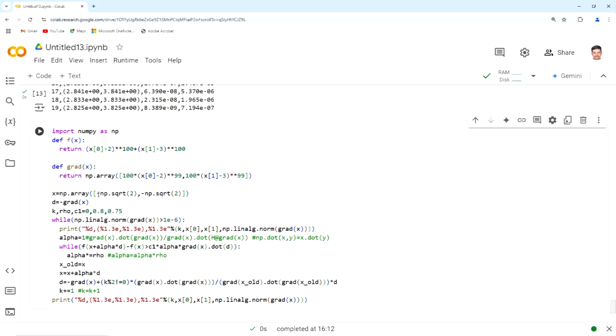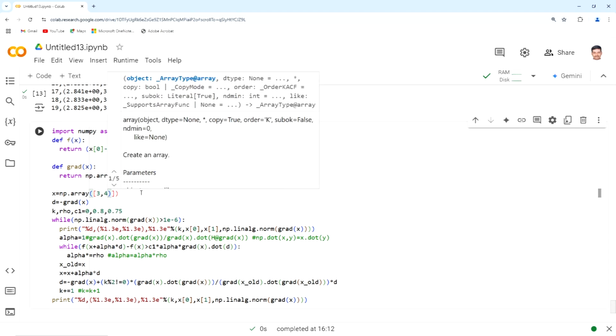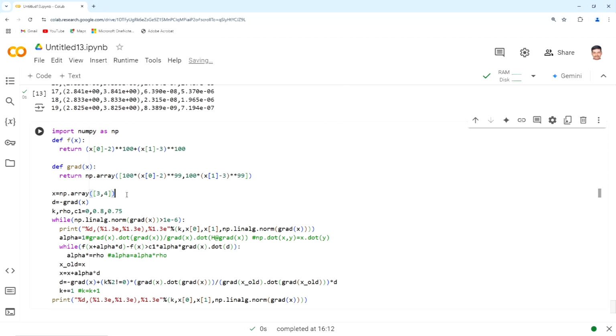Yeah, and I will also change this to 3, 4. Okay. I think something happened. Yeah, sorry. Yeah, and just let me do it with 4 to show you what is happening.